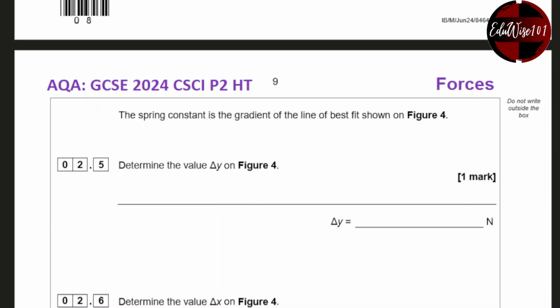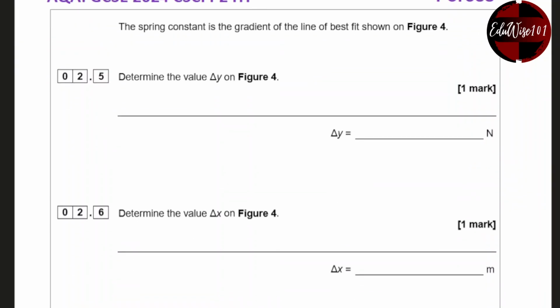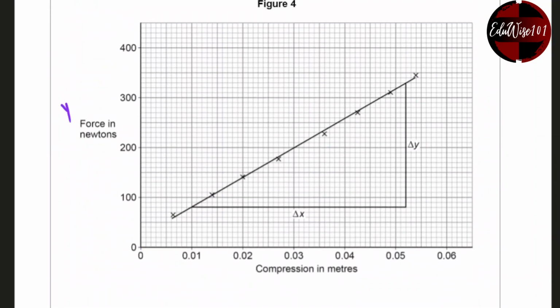change in y on figure 4, and we can look at the next question, the change in x as well. So the change in y, right? Let's figure out how much is one box. That's 100 and that's 10 boxes. That's easy. 100 divided by 10 gives you 10 newtons. So each box is 10 newtons. So you can see this is on the 8th box.